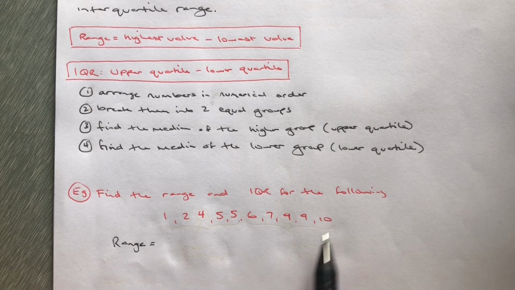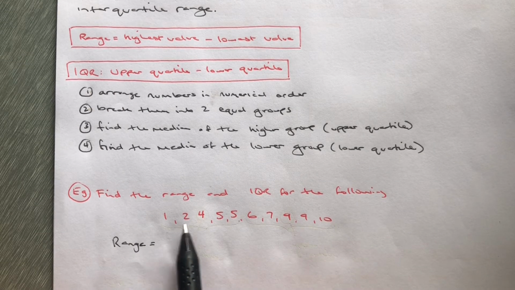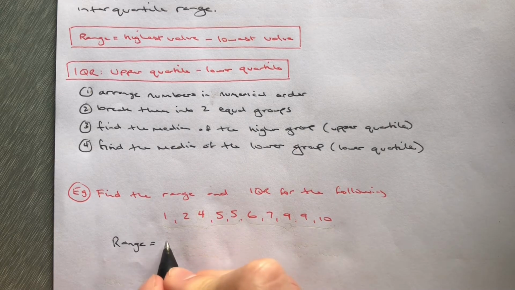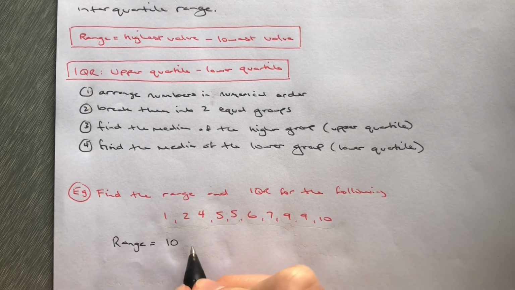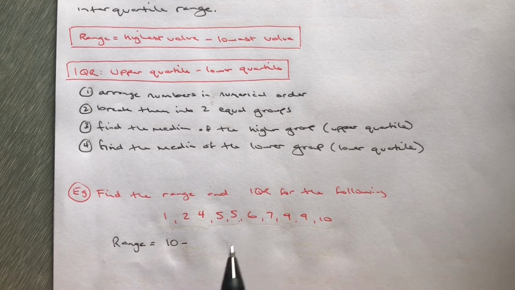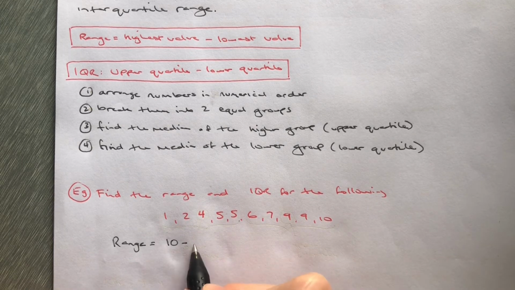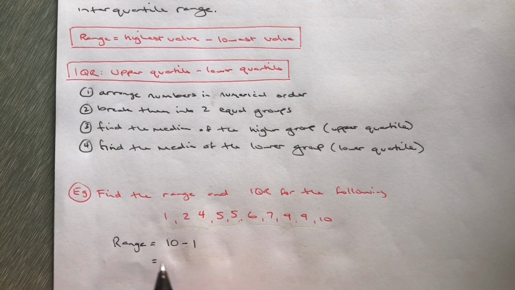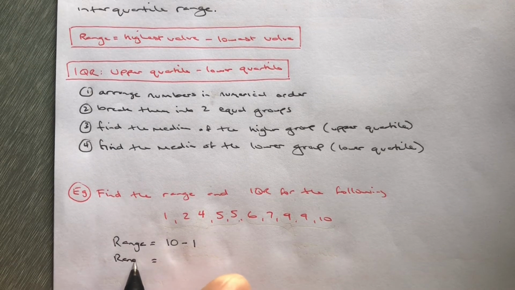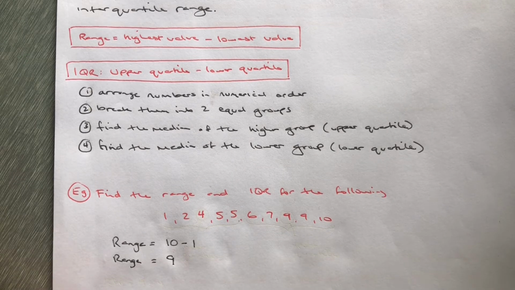Now these, we're lucky, are already in order. So hopefully you can see by looking at all these numbers, the highest value is 10, and we need to take away the lowest value, which is 1. So that means our range is going to be 10 minus 1, 9.